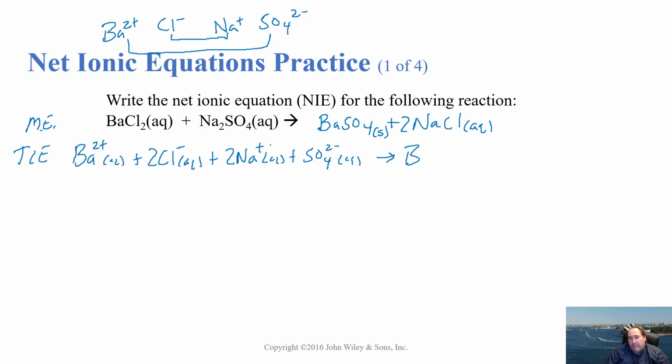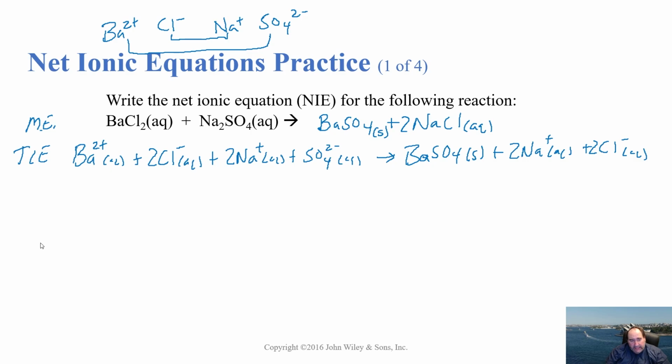And our barium sulfate will stay together as that is a solid. And our sodium chloride will break apart, so that 2 does get distributed to each of the guys there. And this is our total ionic equation here.